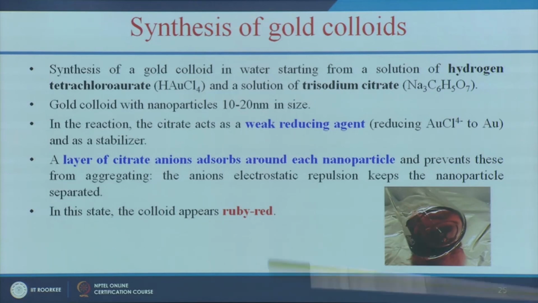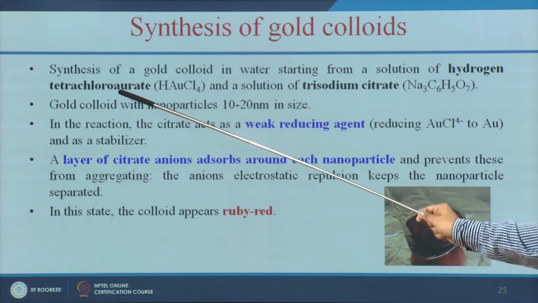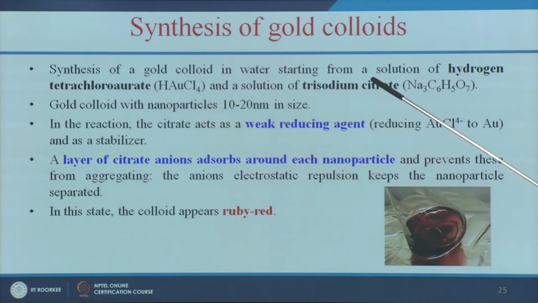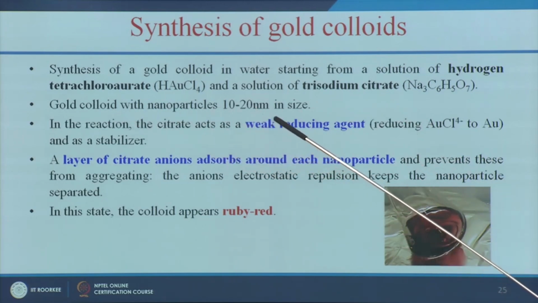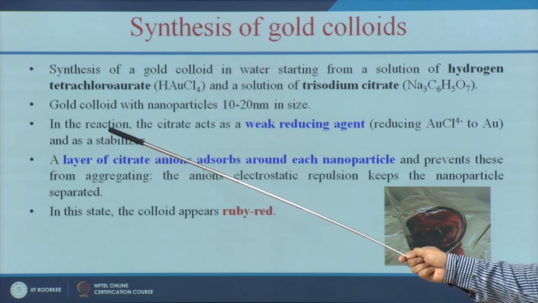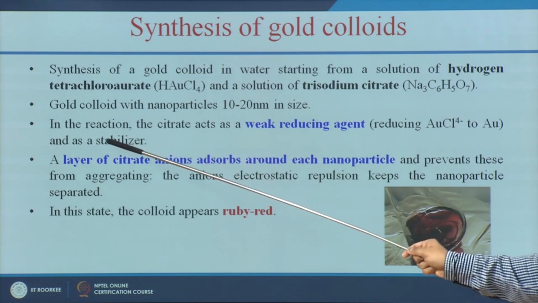Let us see how we can synthesize gold colloids. For synthesizing gold colloid in water, we have to use the metal precursor hydrogen tetrachloroaurate and a solution of trisodium citrate, which is your reducing agent. Here we can get gold nanoparticles in the size of 10 to 20 nanometers. In this reaction the citrate acts as a weak reducing agent, and it also acts as a stabilizer.